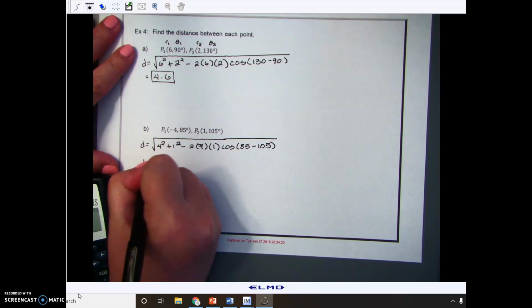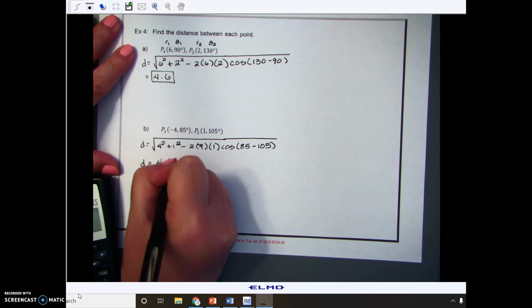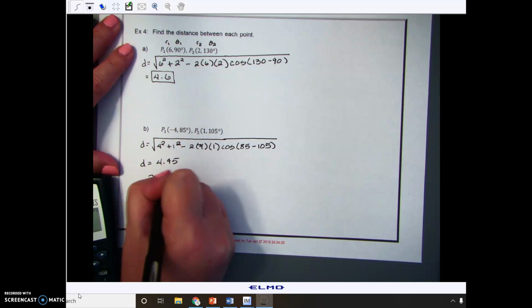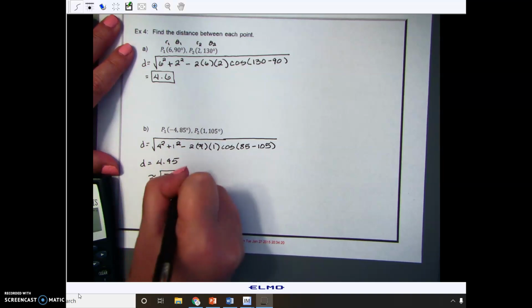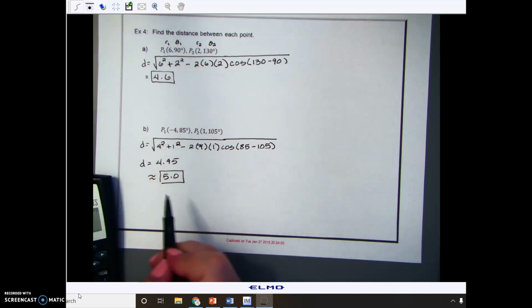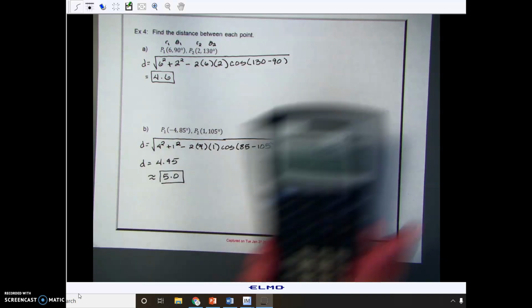So since d is equal to 4.95, that's going to round up to about 5.0. So notice we do need to have the 0.0 in there because it wasn't an exact value of 5 like we had in the previous example. But it rounded up to 5. So we're saying that what I have in my calculator is closer to 5.0 than it is to 4.9.